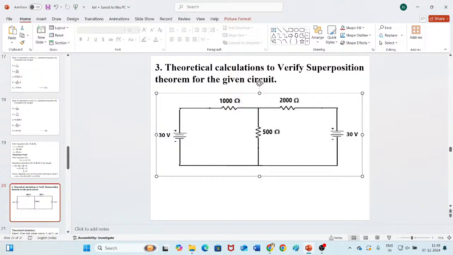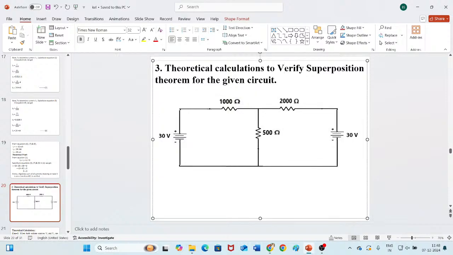So whenever you want to verify the superposition theorem, you just check whether there is more than one source available in the given circuit or not. If more than one source is there, then only you can verify the superposition theorem for the given circuit.